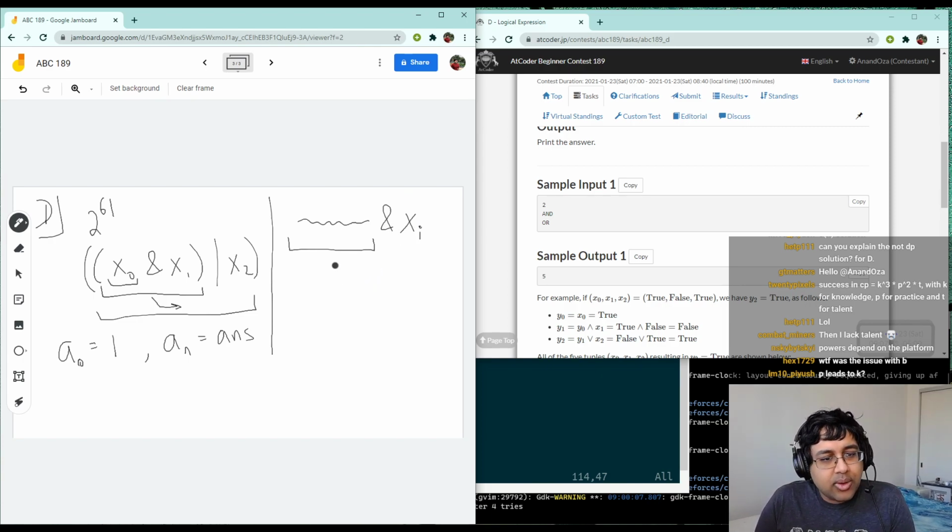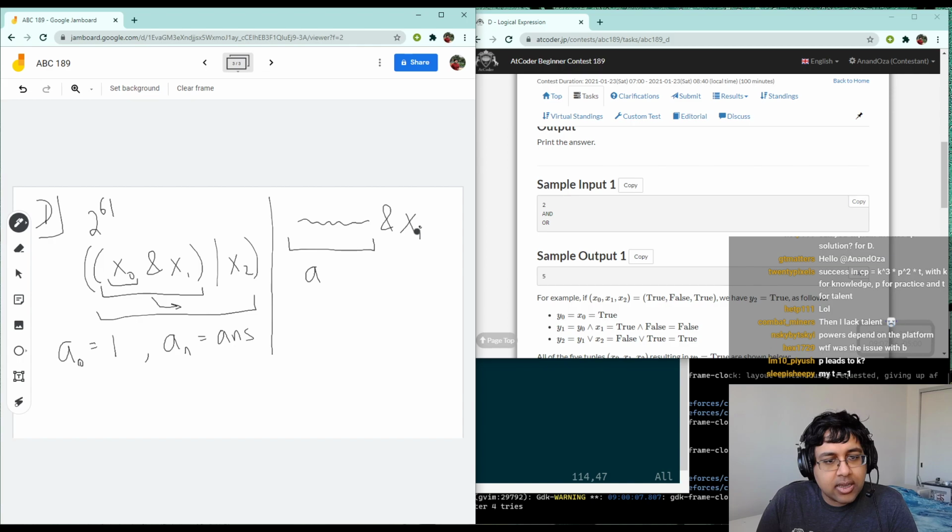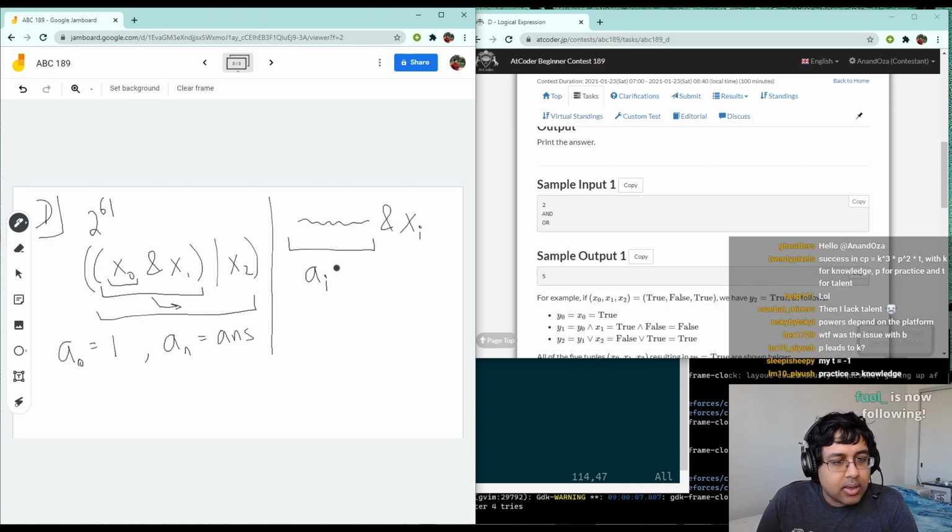So the only way that this could be true is if all this previous expression was true and xi is equal to true. So we only have one possibility for xi, and the other stuff all has to be the same. So then we would have ai equals ai minus 1.